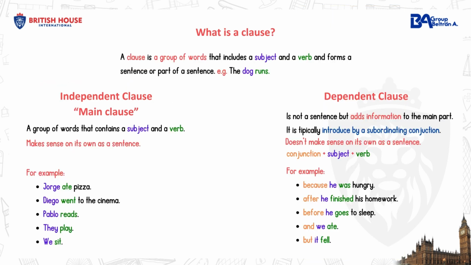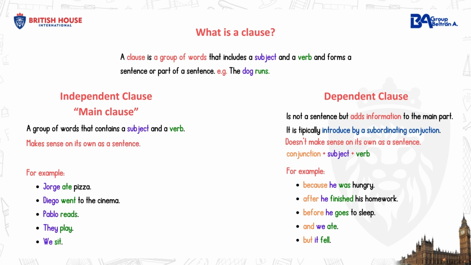This is the structure more or less. The subordinating conjunction goes here, before these words. Let's see some examples: because he was hungry, after he finished his homework, before he goes to sleep, and we ate.